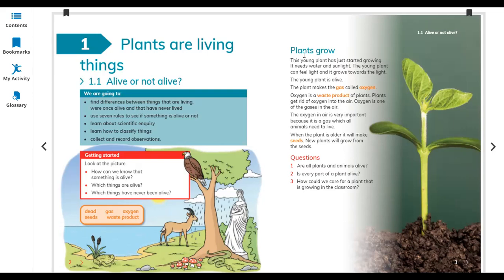Let's start. Plants grow. This young plant has just started growing. It needs water and sunlight. Obviously, plants need water and sunlight to grow up. Water is taken from the soil. Plants have roots, taking the water and nutrients from the soil.